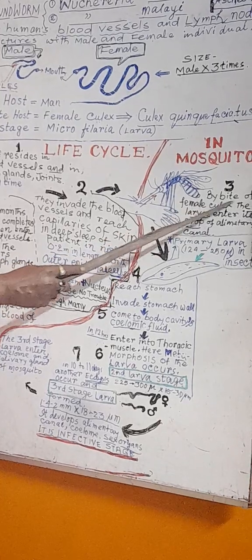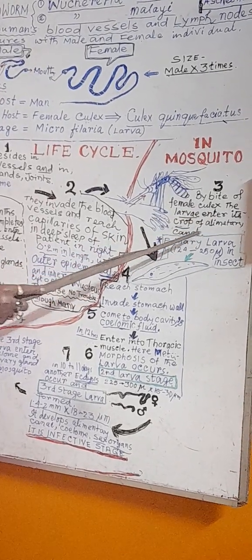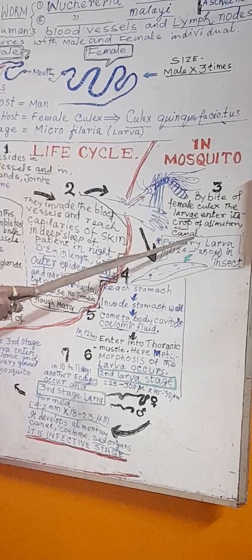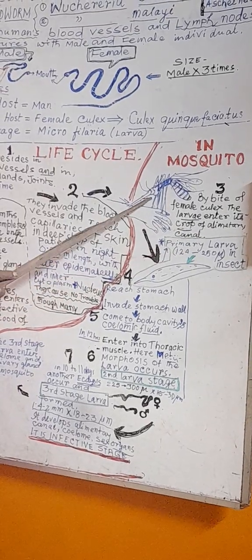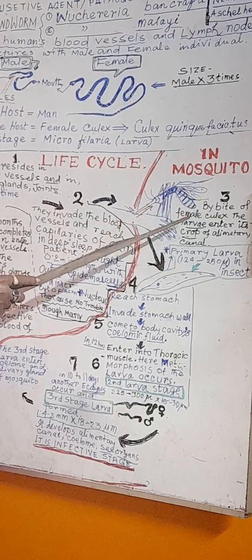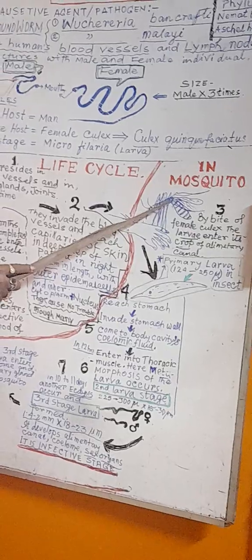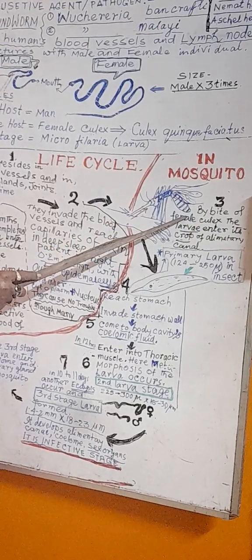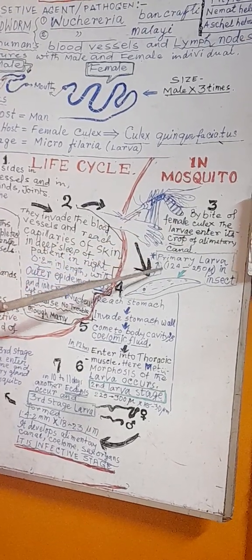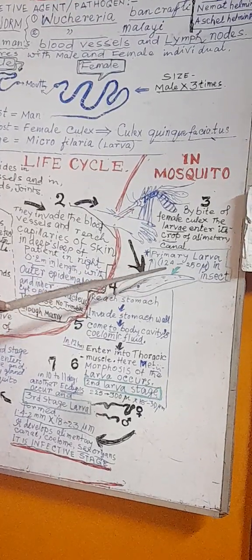By the bite of female Culex, the larva enters the crop of the alimentary canal. In the insect, the alimentary canal has pharynx, esophagus, crop, stomach, etc. And we are also following at which place they are going to reside.